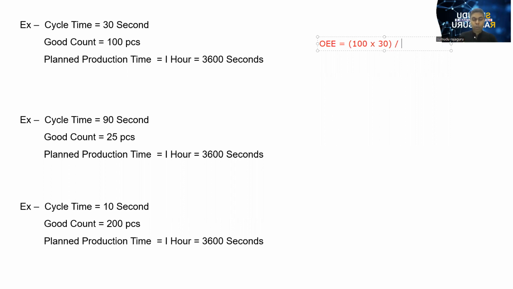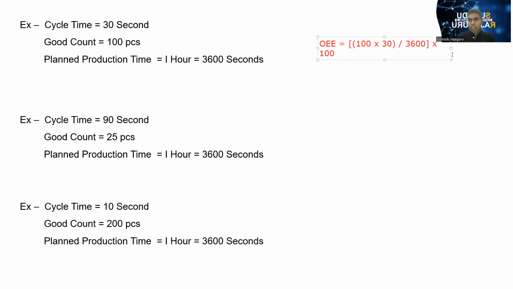This answer we have to divide by planned production time, 3,600. Then finally, we have to multiply by 100 because we want to take this as a percentage.